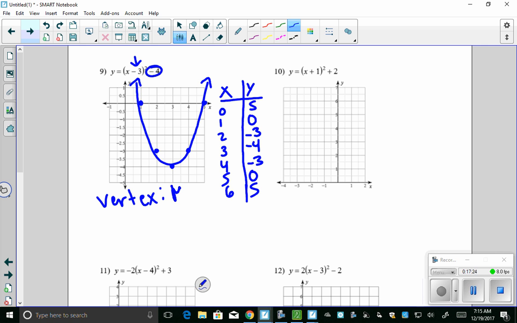Vertex is a min. Domain is all real numbers. Your range is -4, infinity.